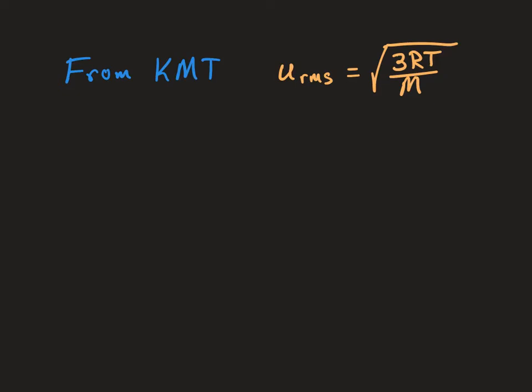So the first thing we're going to look at is the units of the root mean squared velocity. Those units should be meters per second. So the root mean squared velocity is measured in meters per second.